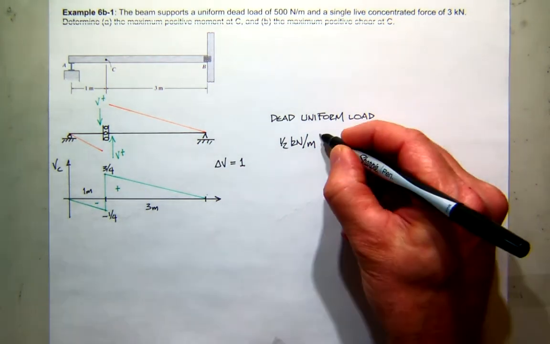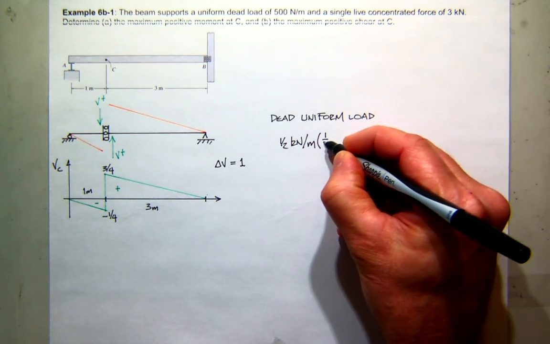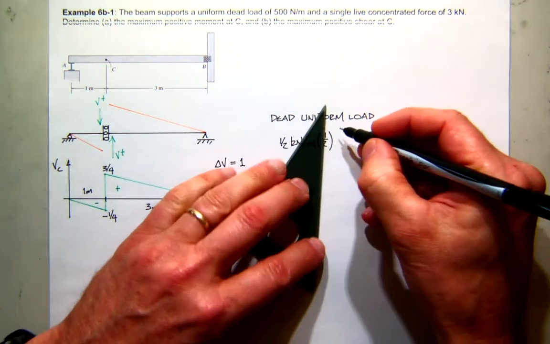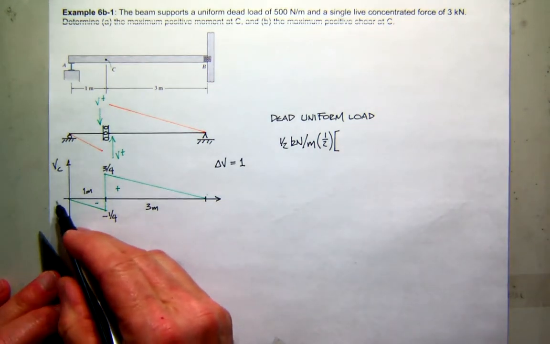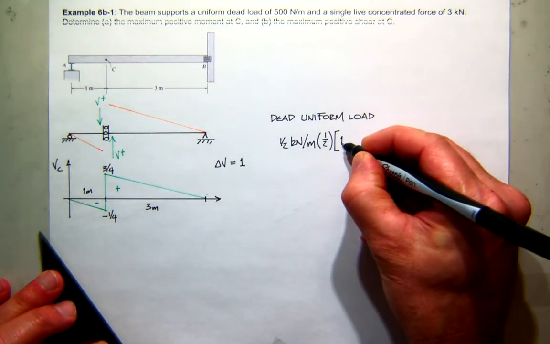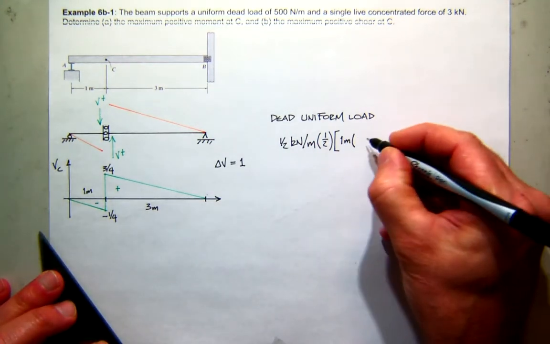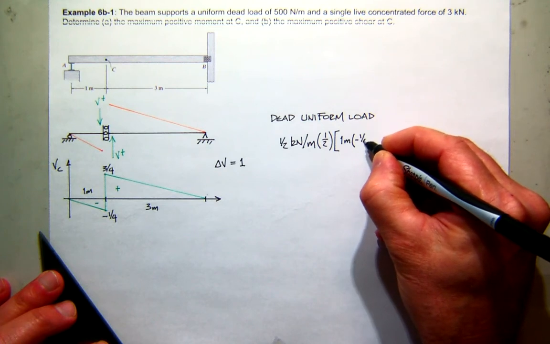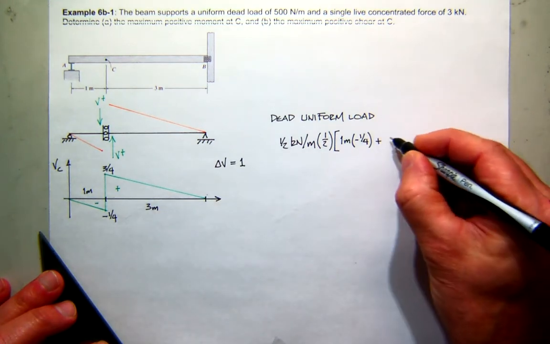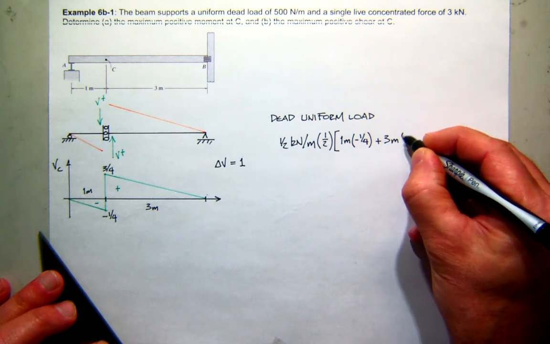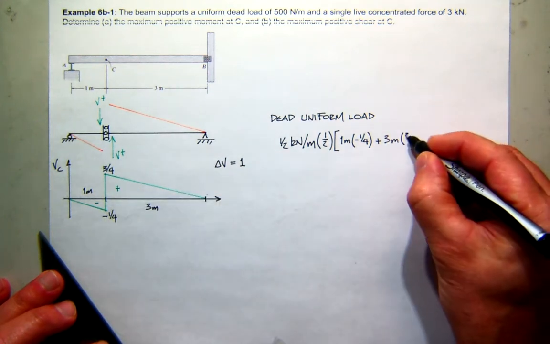So they're both triangles, so I'm going to factor out the 1/2, and then I'll just take them in turn. Starting on the left side, base times height will be 1 meter times a height of -1/4. Then the positive piece will be plus a base of 3 meters times a height of 3/4.